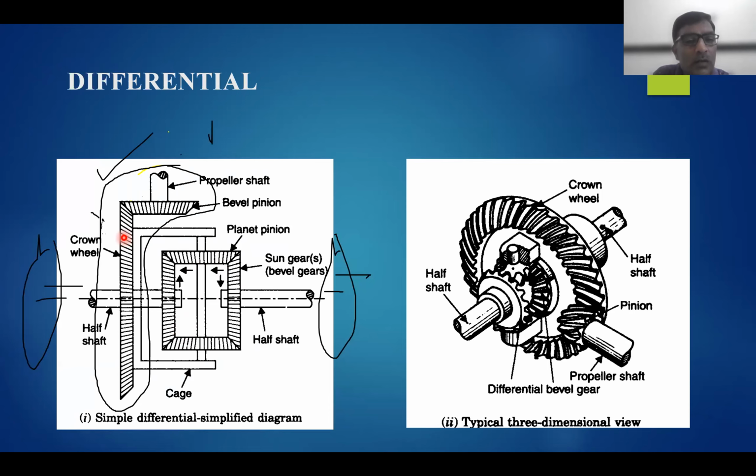So understood, this crown wheel is free to rotate. These planet pinions are also free to rotate, but these sun gears are rigidly connected to the axle. So to propel the vehicle, these sun gears have to rotate, so that the vehicle will move in the forward direction.